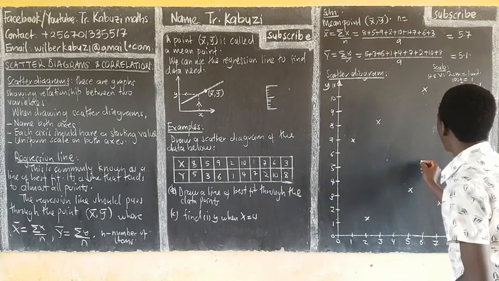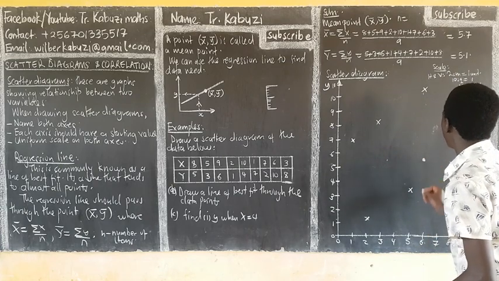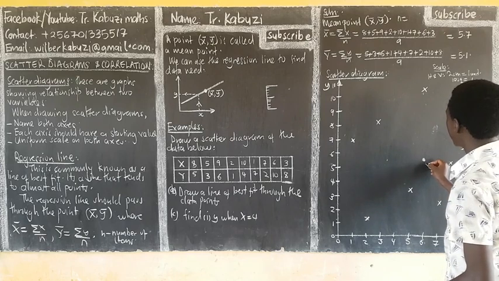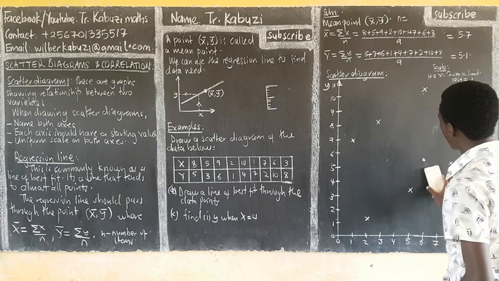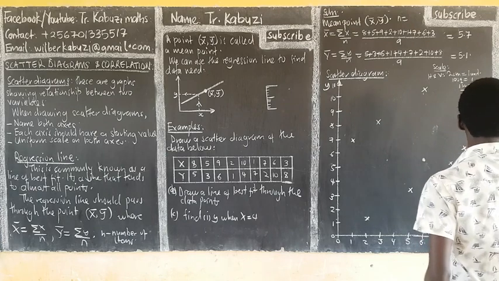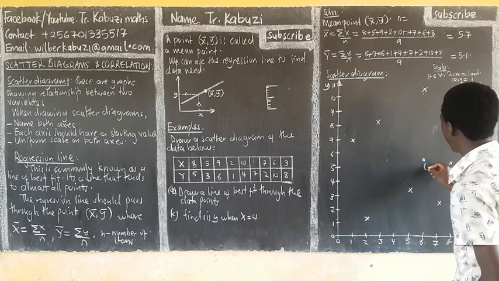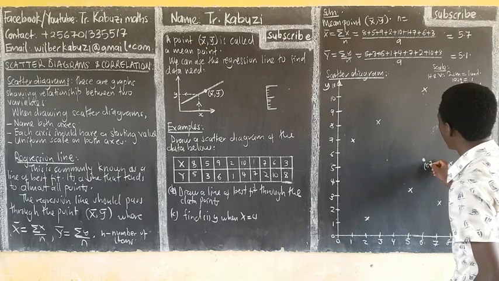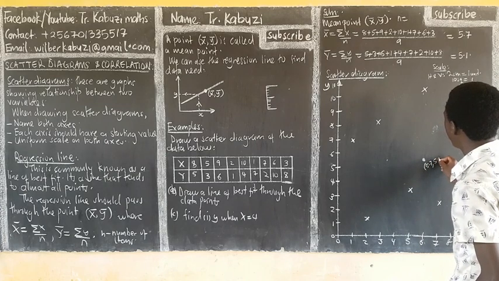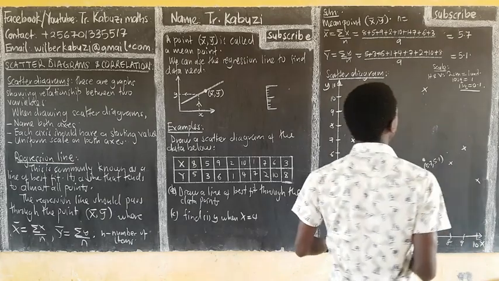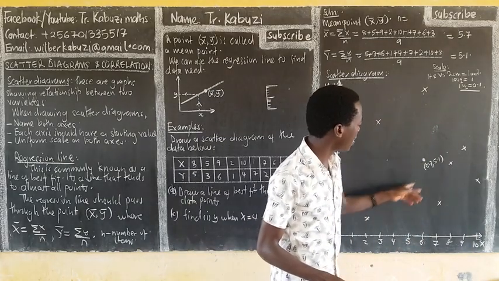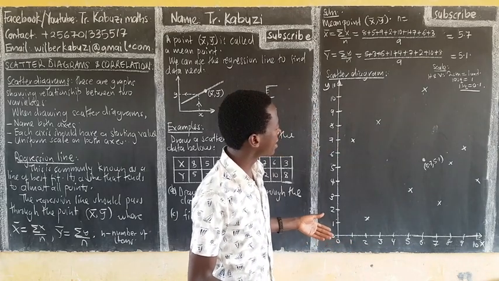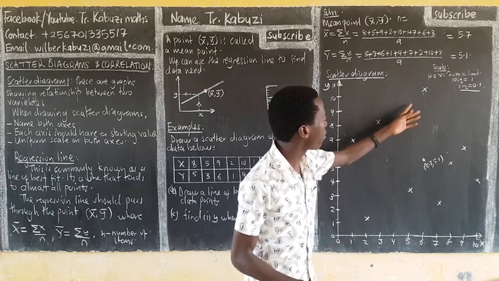So we use a dot and we show that this is our x bar. We name it: our x bar, y bar is (5.7, 5.1). Now it means that our line of best fit is the line that passes through this point.